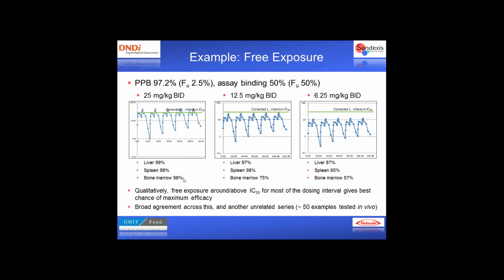In particular, bone marrow is a very difficult organ to get inhibition up to that kind of level. And as you can see, as we go down the dose, the bone marrow starts to drop off really quite dramatically just by changing the dose 2-fold, and then nearly all 3 organs are starting to drop off at the lower dose.